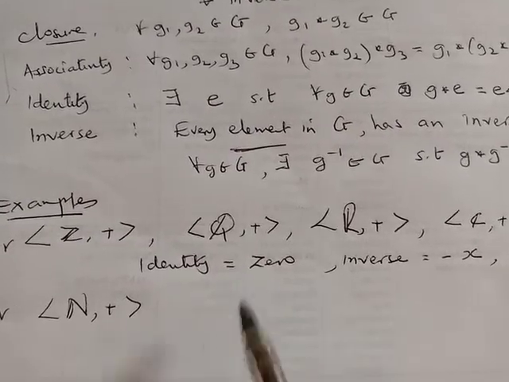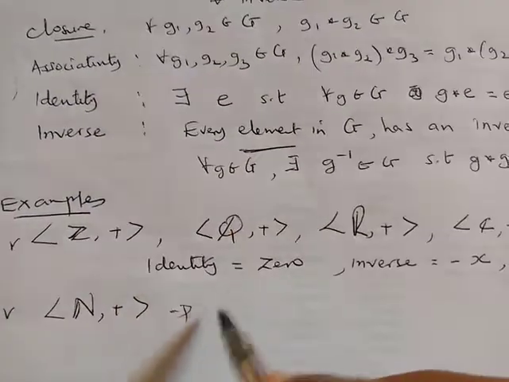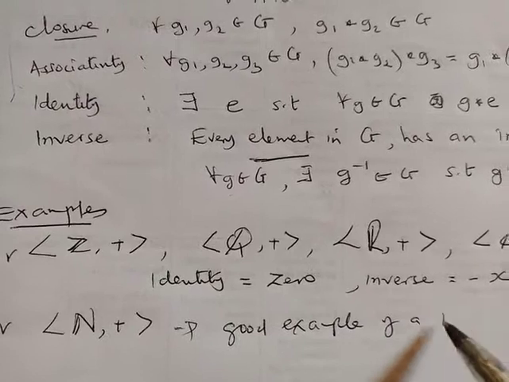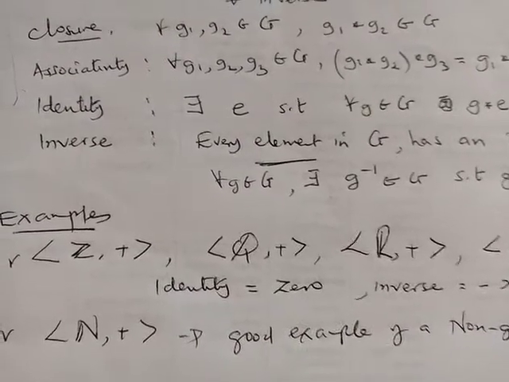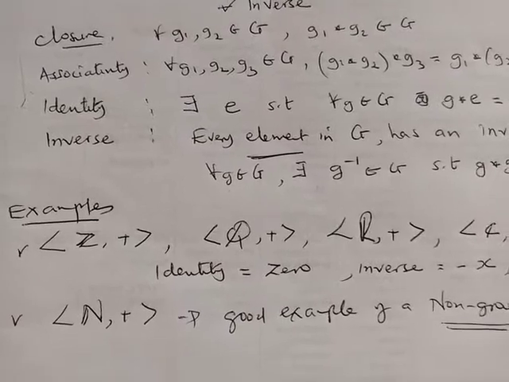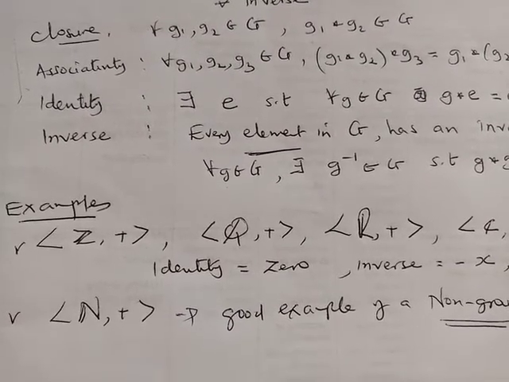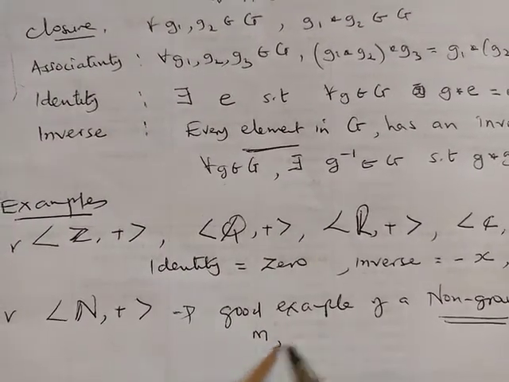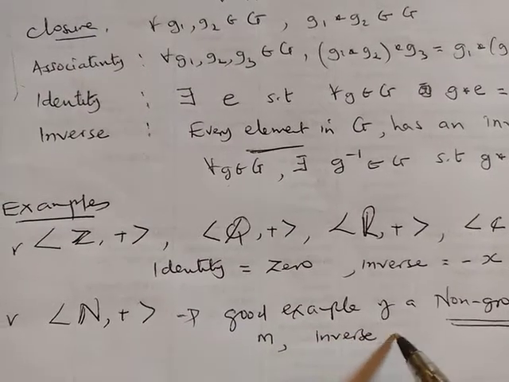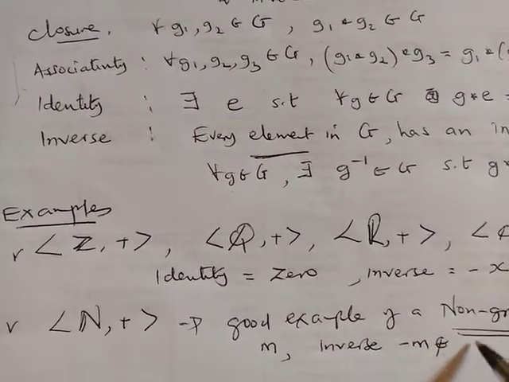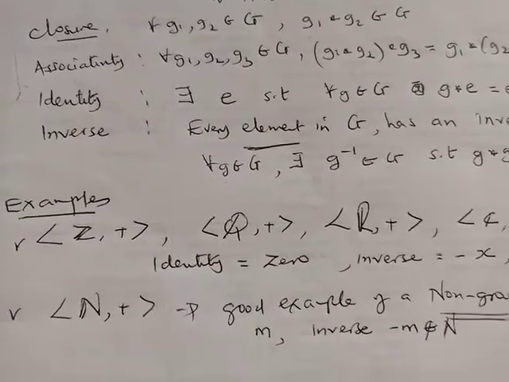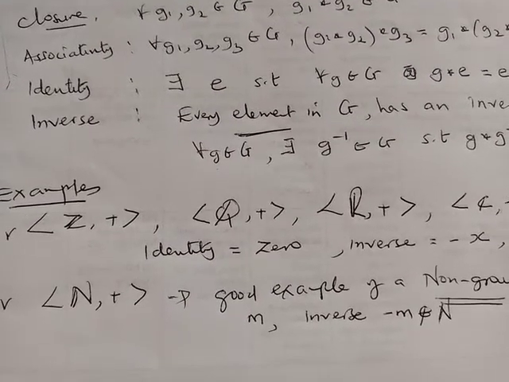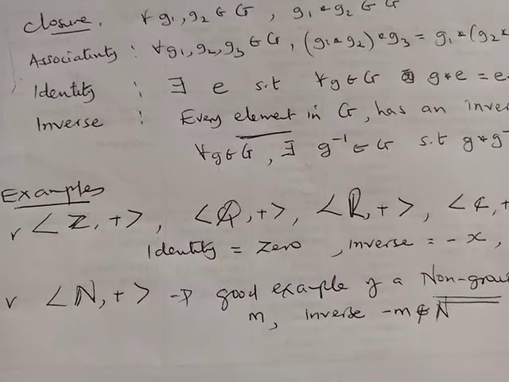So this is a good example of a non-group. If you get an m, then its inverse, which is negative m, is not in the natural set. So by the definition, it fails.